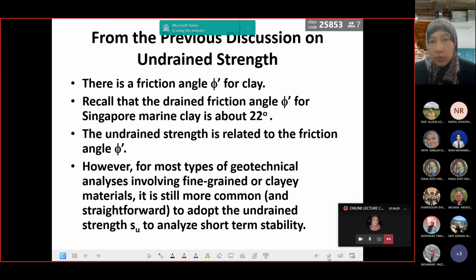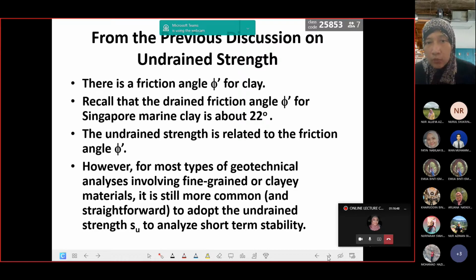So bila sebut undrained parameter conditions, it is total stress parameter. Sebab earthquake dia berlaku very fast movement kan, the changes in stress tu berlaku dengan cepat. So bila kita nak tengok dia punya parameter values tu, you kena choose the right one lah.